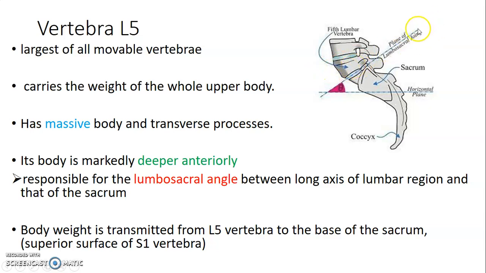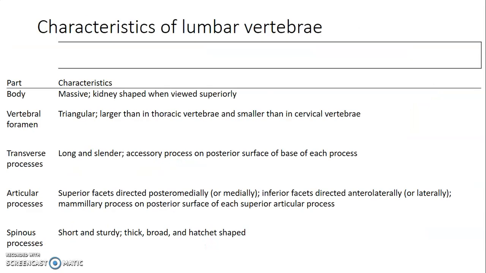When you draw an axis through the lumbar region and an axis through the sacral region, you form the lumbosacral angle. So this is the lumbosacral joint between lumbar and sacrum, and the long axis of the lumbar region together with that of the sacrum will form the lumbosacral angle. So the body weight is transmitted from L5 to S1 vertebra.